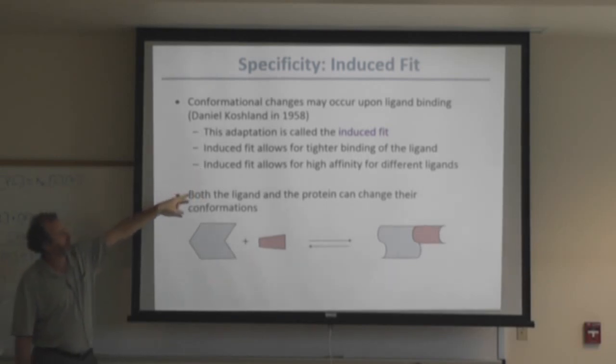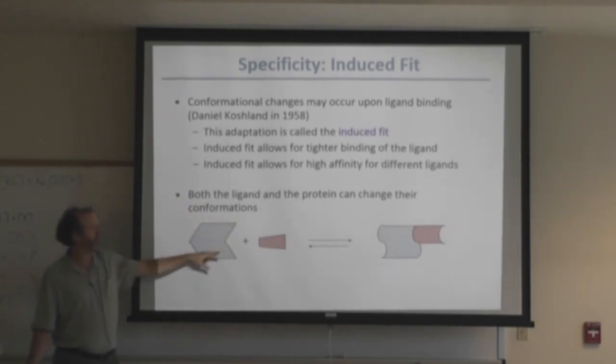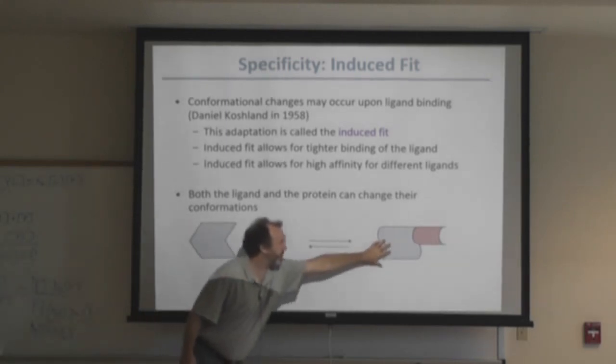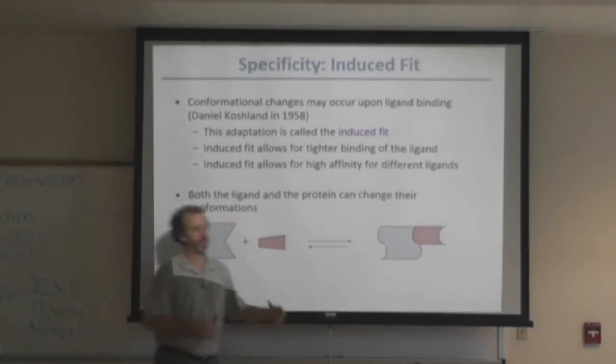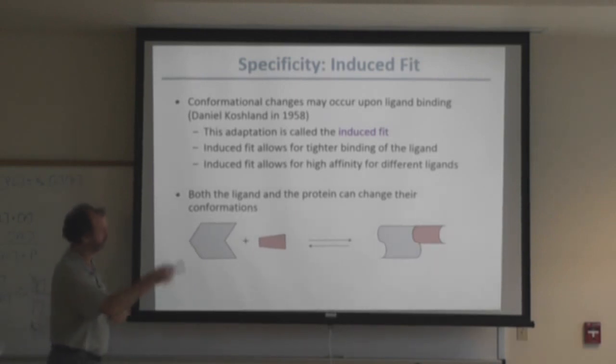Induced fit allows for high affinity for different ligands also. So both ligand and protein can change their conformations once they bind together. And then with this new conformation, it may turn on some specific enzymatic activity or alter its affinity in some kind of regulatory fashion to alter cellular functions.